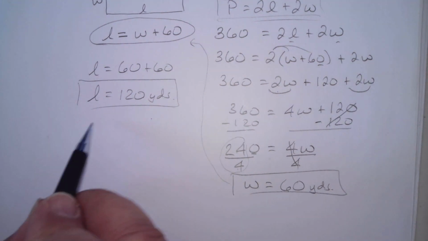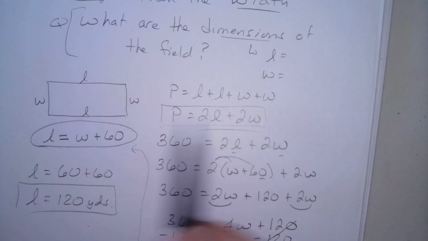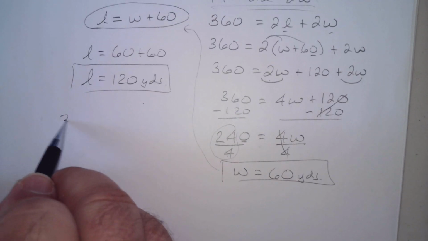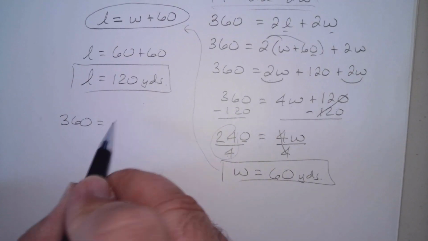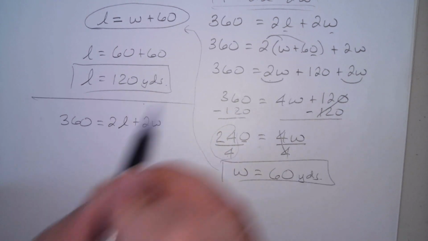And you can always check it. Remember, the formula was adding all those, so it's 2L plus 2W. What we're saying is 360 equals 2L plus 2W. This is checking it.